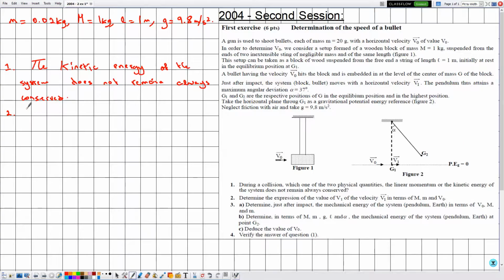So during collision, the linear momentum of the system, and here the system consists of the two bodies that are colliding, the block and the bullet.